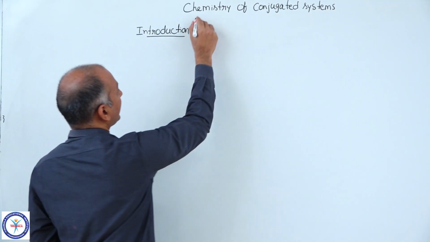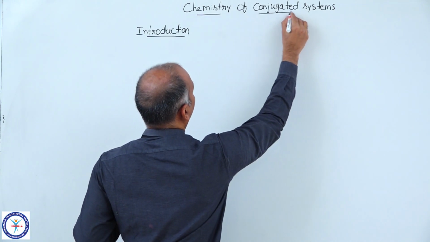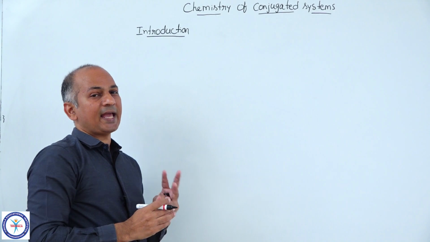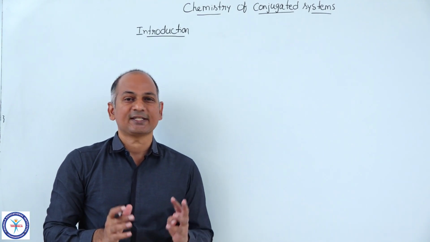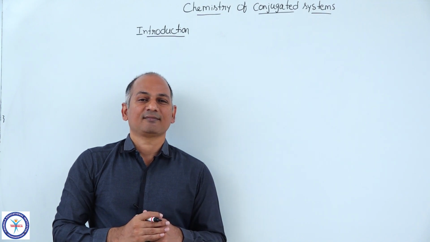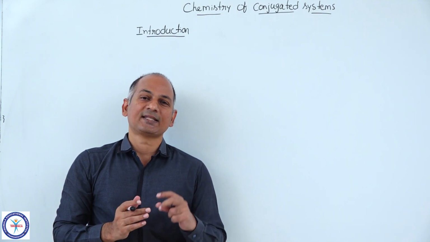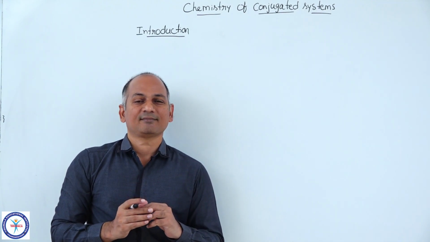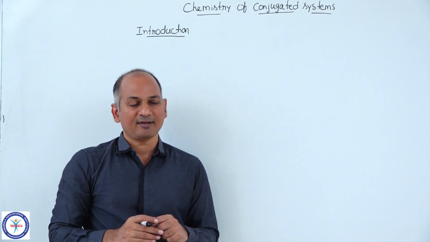And in this introduction part, I am reviewing three aspects of conjugated systems. For example, 1,3-butadiene. Let me discuss three different aspects of 1,3-butadiene initially in the first subtopic.